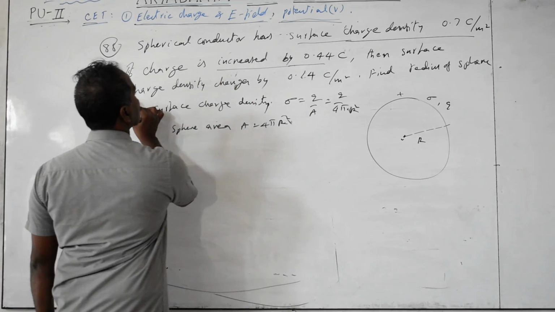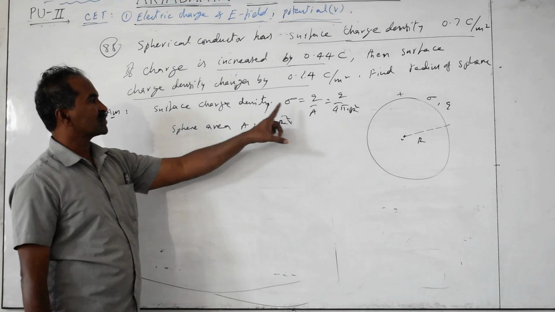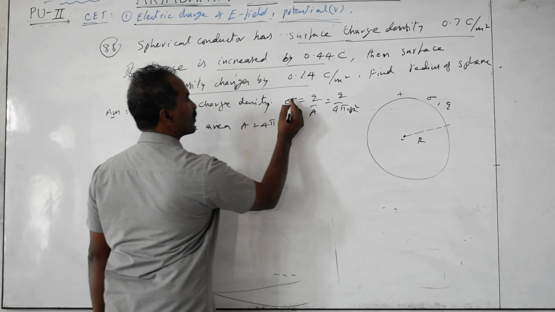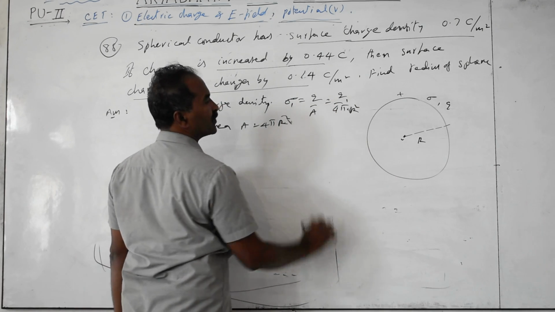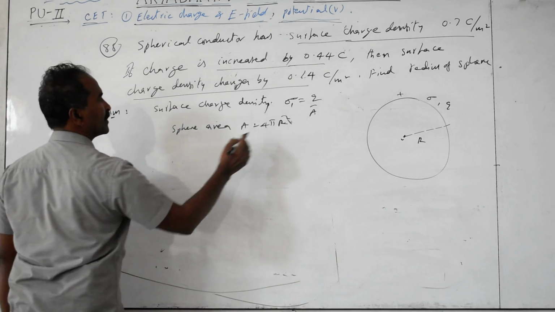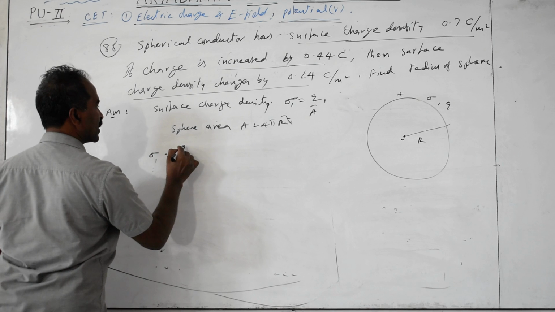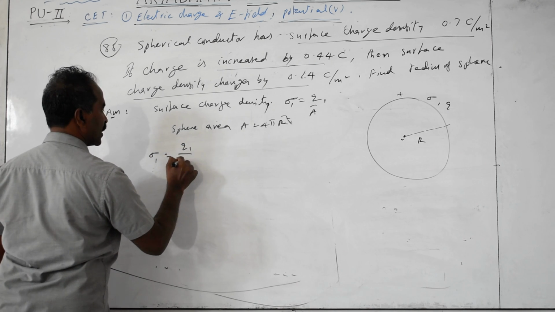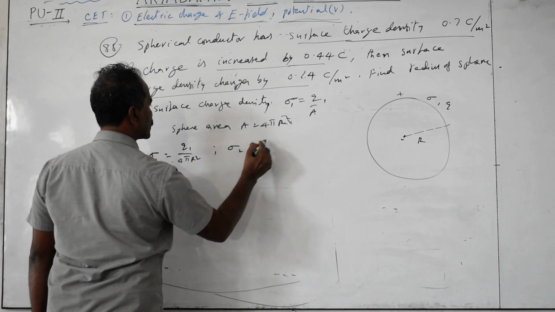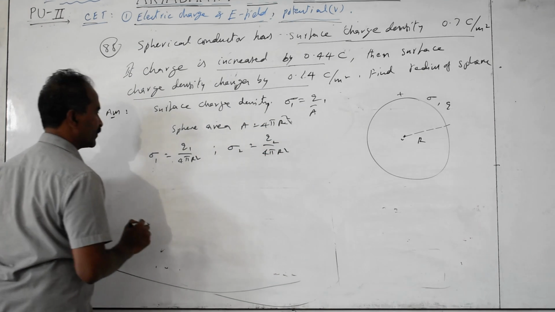So the charge density changes by here also. By means it also changes. That means the first time we take sigma 1, the second time sigma 2. Sigma 1 is nothing but q1 by 4 pi r square, and sigma 2 is q2 by 4 pi r square, since the area does not change.